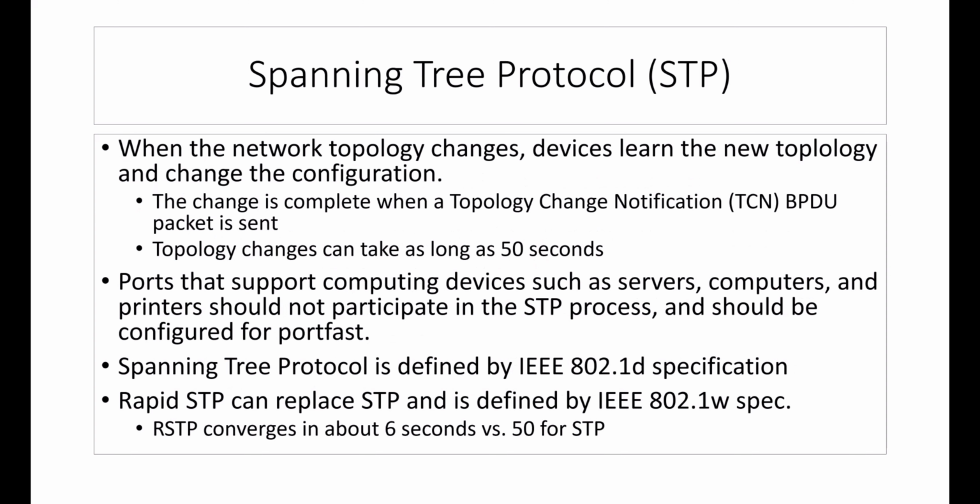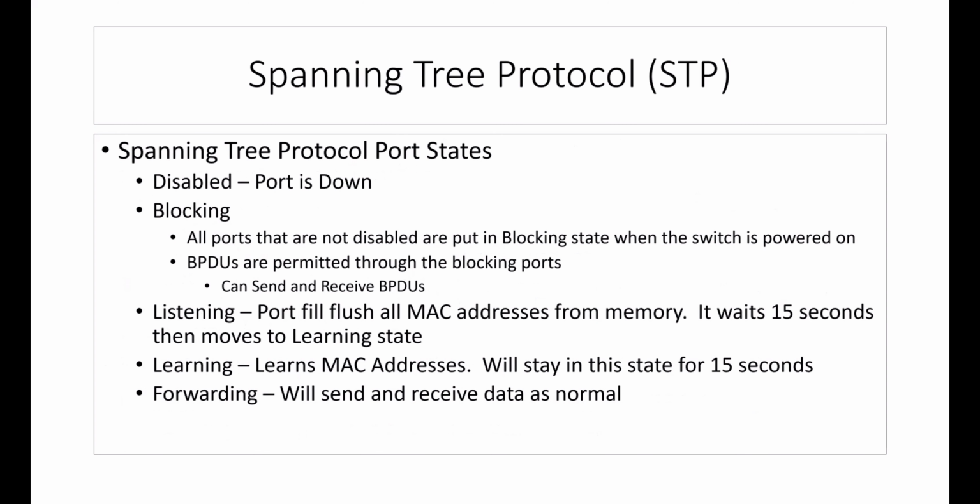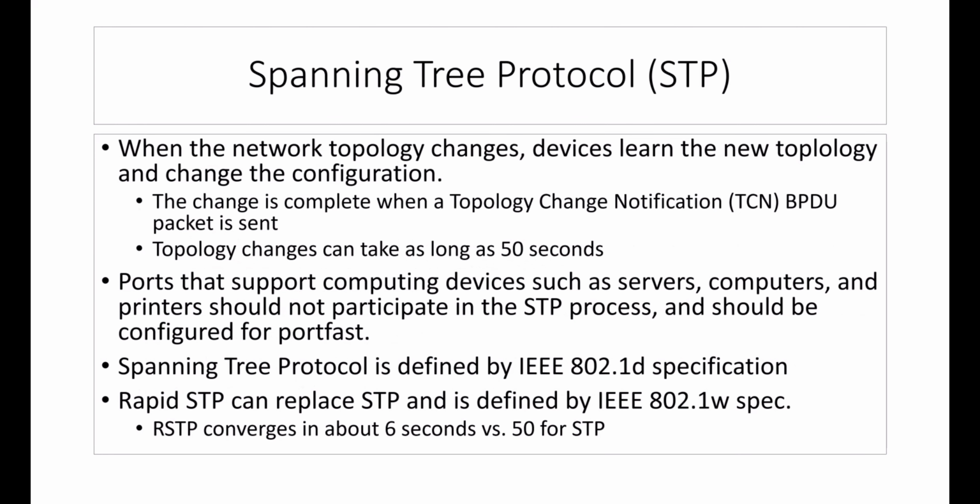When our network topology changes, devices have to learn the new configuration, and when that configuration completes, the BPDU sent is called a topology change notification, or TCN. This whole blocking, listening, learning, forwarding process can take about 50 seconds to occur.